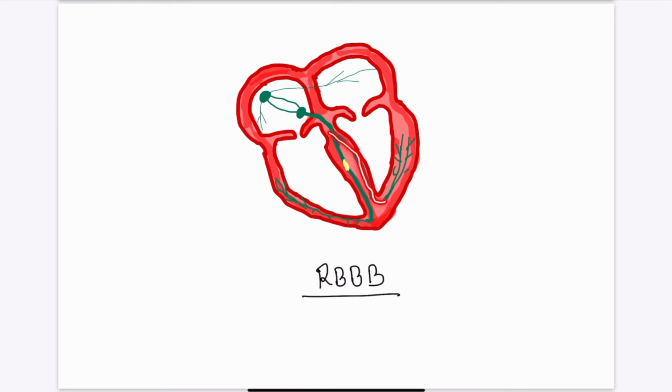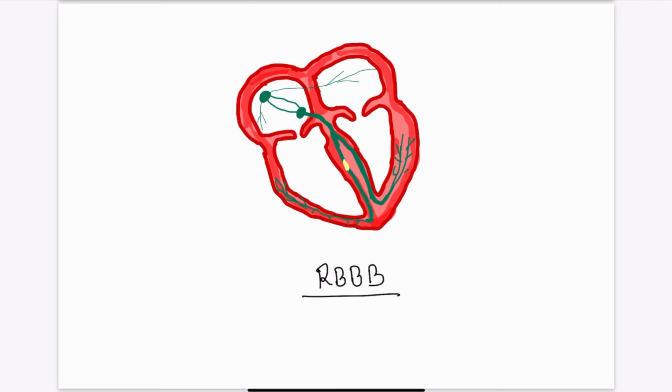So from the left bundle branch the signals flow to the Purkinje fibers on the left side of the heart, and from the left ventricle the signals then flow to the right ventricle. Since the signals first reach the left ventricle, it will contract prior to the right ventricle in case of right bundle branch block.